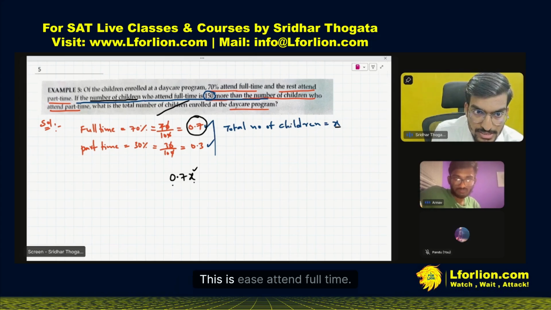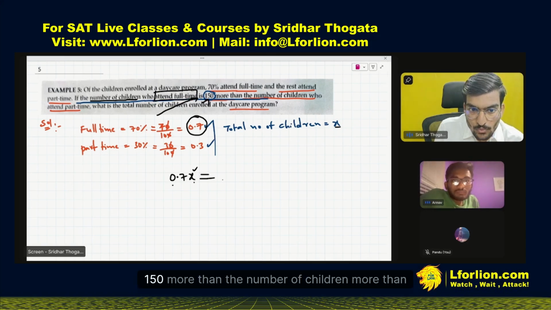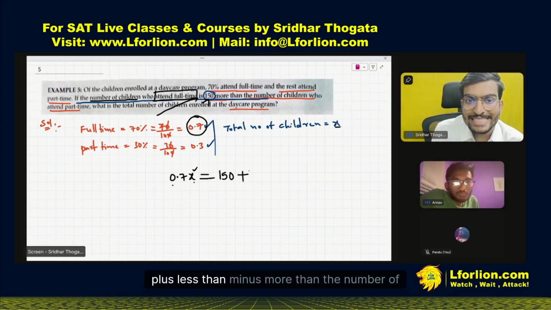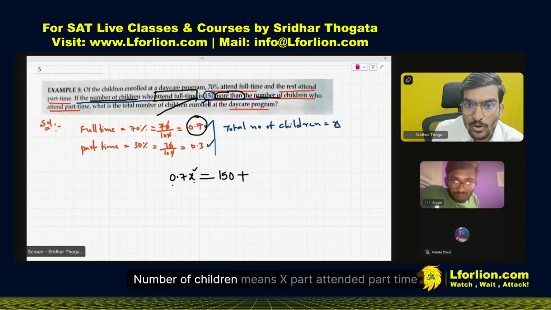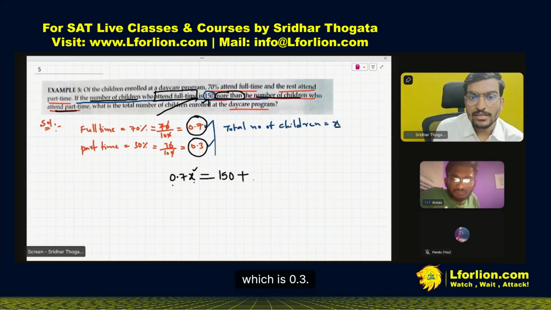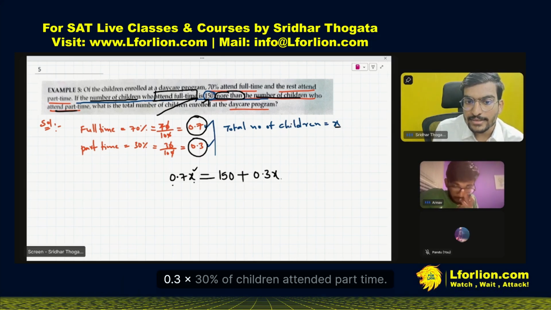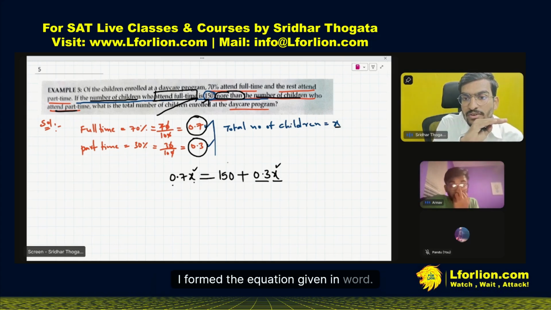Here, attend full time equals 150 more than, more than means plus, less than means minus, the number of children who attended part time. Number of children means x, attended part time, which is 0.3x, 30% of children attended part time. I formed the equation given in words.